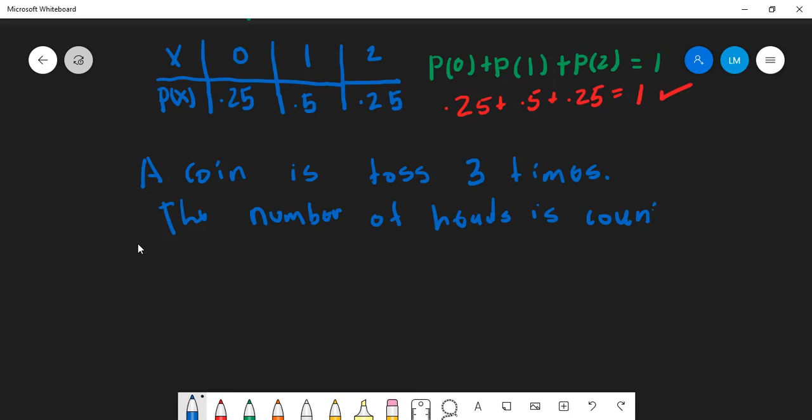So what that means is that we would need to figure out what the random variables are.